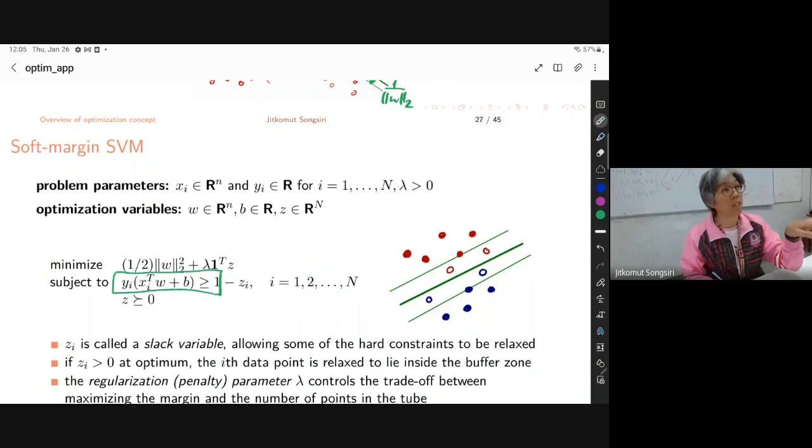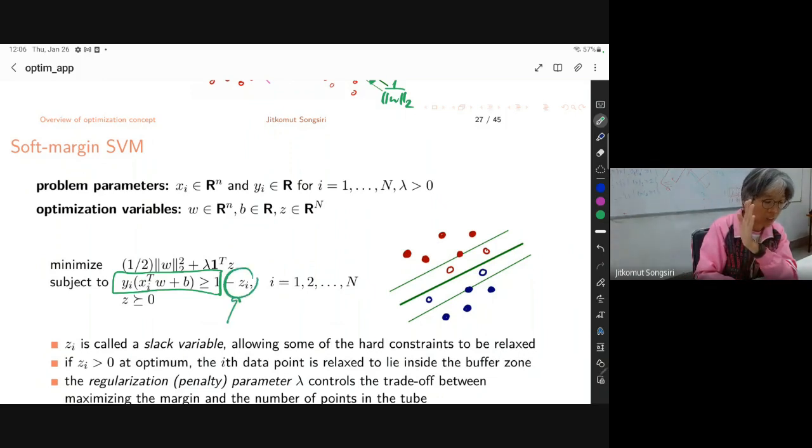Initially you have the green criterion, but then it cannot be satisfied for all i if you force something to be greater than 1. So you relax it, dropping from 1 to something lower. Zi is a positive number, your introduced variable. Again, this is called a slack variable.